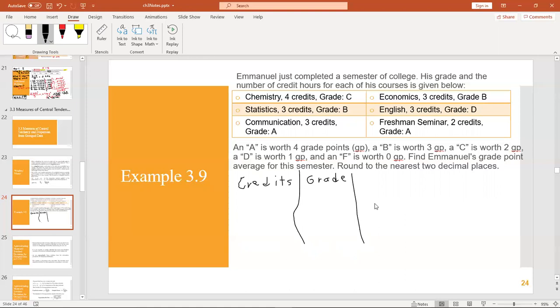And so what we're going to do is find the grade points, which is just going to come from multiplying the credits by the grade. So credits times grade equals grade points.